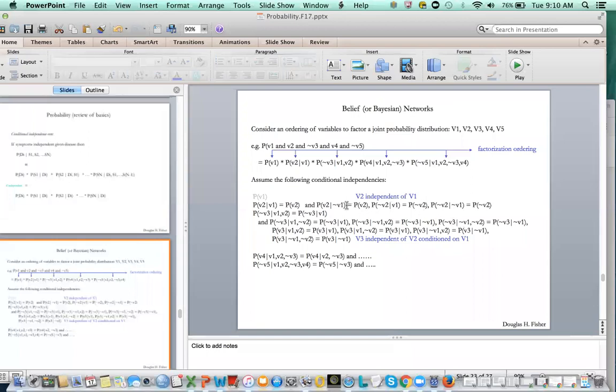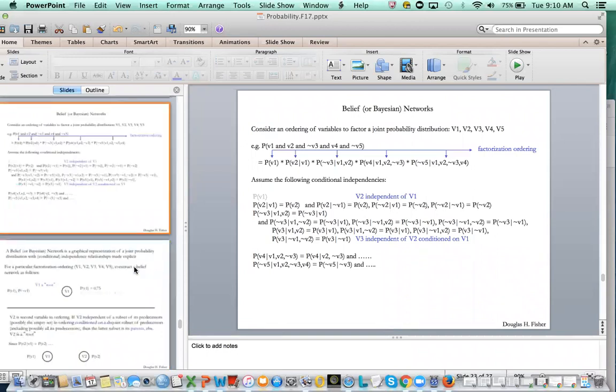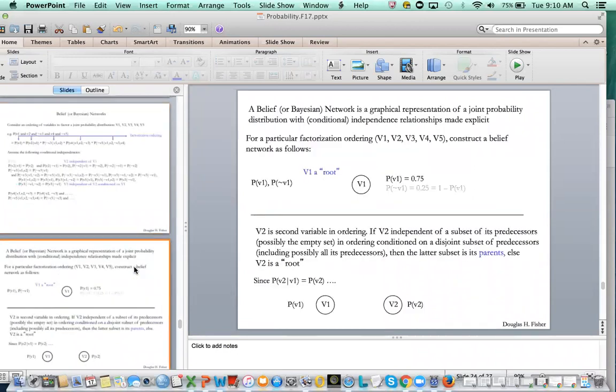It means that you don't have to explicitly store the probability of all possible values of V2 given all possible values of V1, which would be 4 minus 1 probabilities that you'd have to store, because there are 4 patterns of V2 values and V1 values. But you only have to store one of those, because you don't have to store a conditional probability. You can store an unconditioned probability in this case.